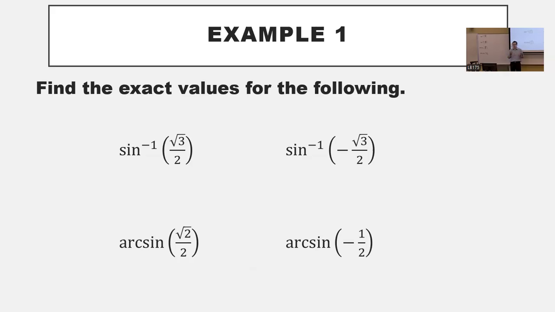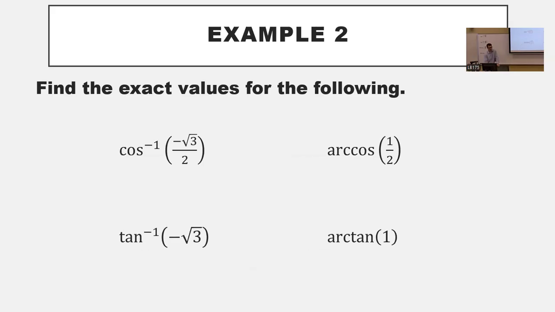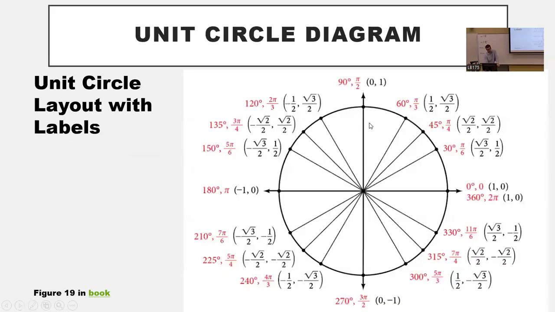Now I've written all these on the board. What I'm going to do is go back and look up what angles give me that y value on the unit circle. What angles between negative pi over 2 and positive pi over 2 give me that on the unit circle. So let's start with sine inverse of root 3 over 2. Sine on the unit circle is my y values of the points.